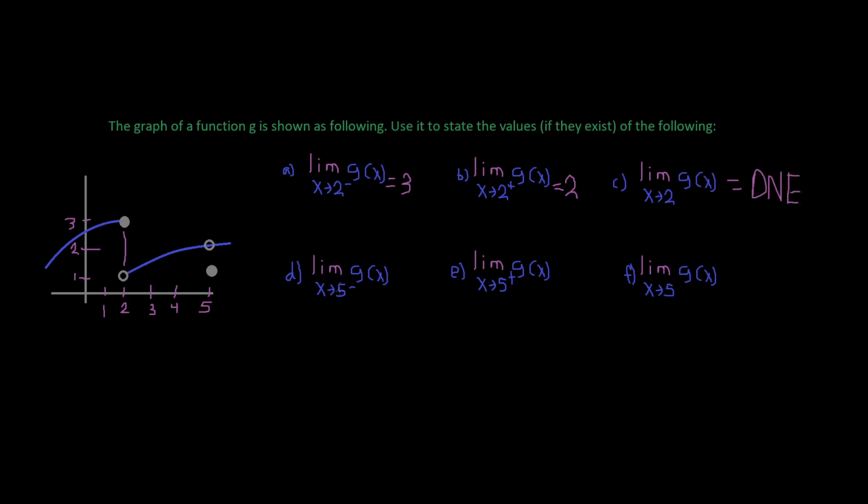Alright, so this one, let's see it. Limit of g of x as x approaches 5 from the left hand side. Let's see, so this is our left hand side. It looks like it approaches, what does that look like? 2. And from the right hand side, what does it look like it approaches? 2.